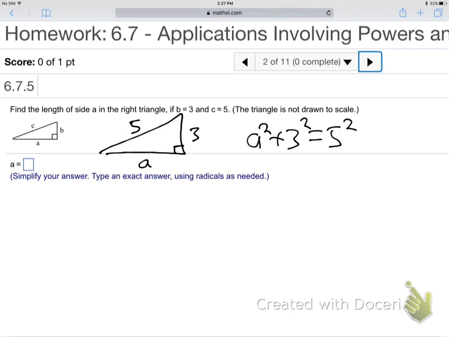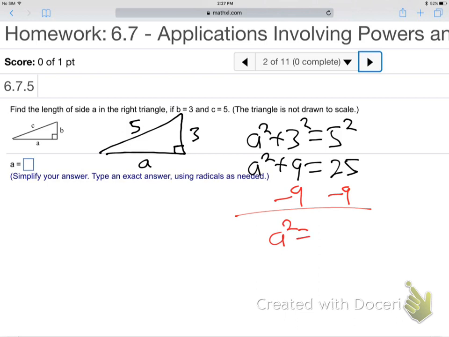We good? And that's A squared plus 9 is 25. Finish solving for A. So just subtract the 9. And A squared is, what is that, 16? Oh, yeah. And then what do we do to finish? Oh, that's nice. Just root it. Root it. So A is 4.